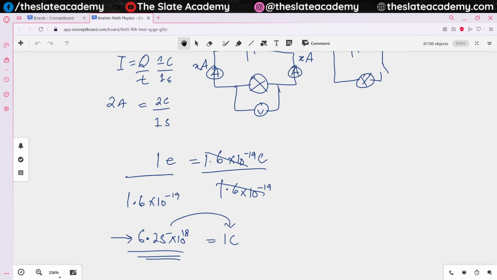Now we know a few typical values of current, and the connection between charge and current. If you have an electric circuit, conventionally we used to believe that the current flows from the positive end towards the negative end. This is what we call conventional current.